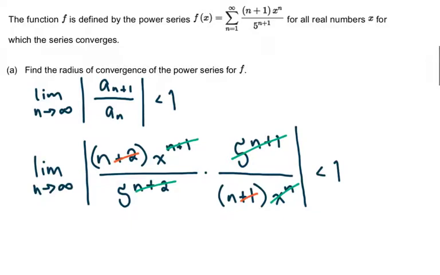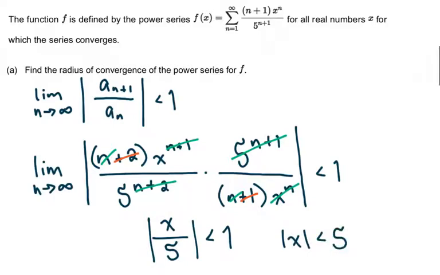And then the n terms will also cancel out, and we're left with just x over 5. And the absolute value of that is less than 1. Multiply by 5, and it says that the absolute value of x has to be less than 5. And if you remember correctly, this then is just the radius.